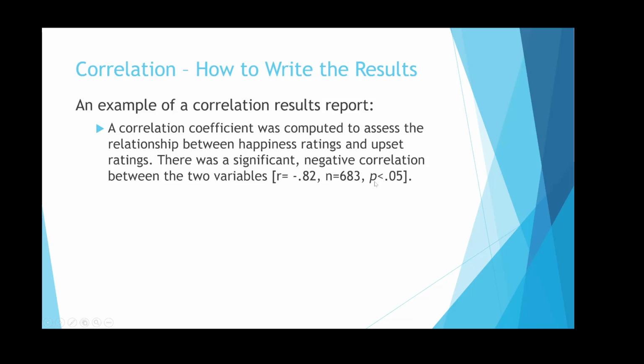You only need to say if it's less than or more than 0.05. You could put 0.01. 0.01 is also a commonly used alpha. If you want to be a little more conservative, you can use 0.01 or even 0.001. But you don't need to report the exact p-value, just p is less than 0.05. And that p should be lowercase and italicized.